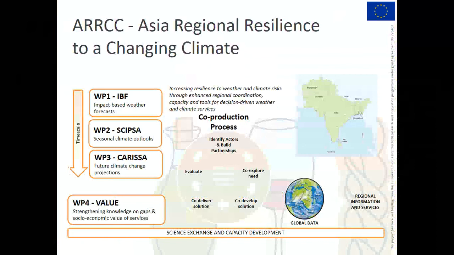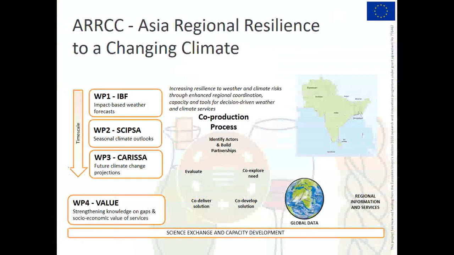Moving over to the left of this slide, there are 4 work packages within ARRCC, and the first 3 broadly relate to different temporal scales. Work package 1 looks at weather, and in particular impact-based weather forecasts. These also forecast the social and economic impact of predicted weather, so we can see which sectors or locations will be most affected by an event and potentially where support should be mobilised in advance of that event.